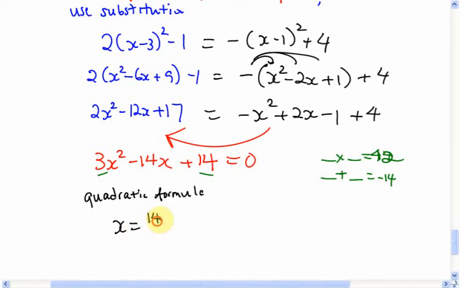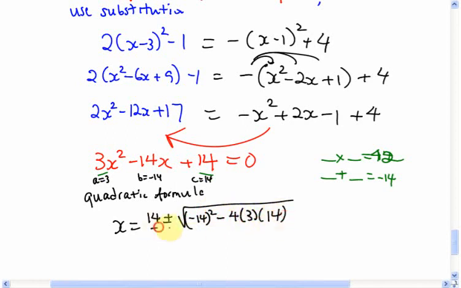Sing the song if you wish, or if not, just write down x equals negative b. By the way, here's your a value, b value, c value. So there's my negative b, so negative of negative 14, plus or minus the square root of b squared, that's negative 14 squared, minus 4 times 3 times 14, all over 2 times 3.